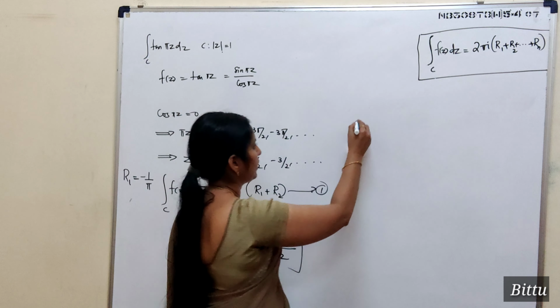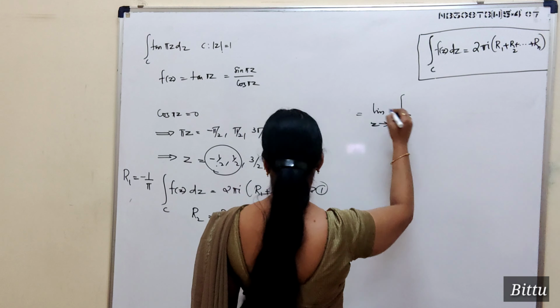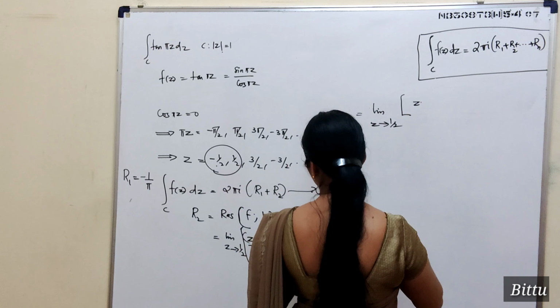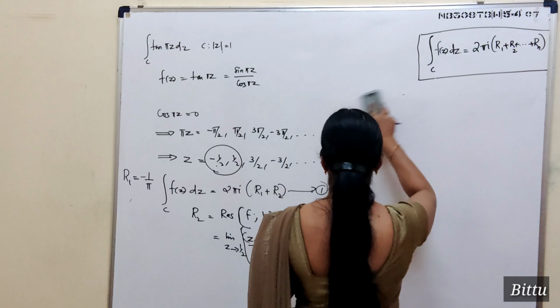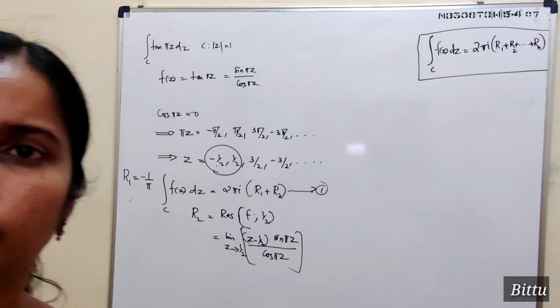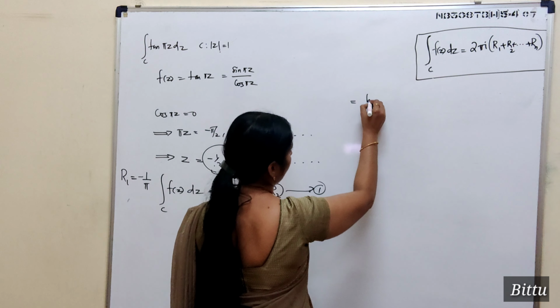And its limit z tends to half. The derivative of the numerator, that is... here we have to apply L'Hospital's rule.